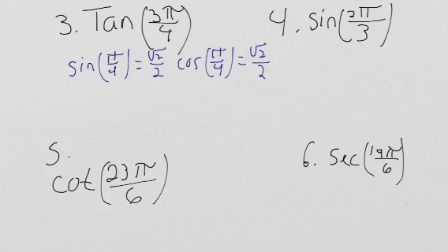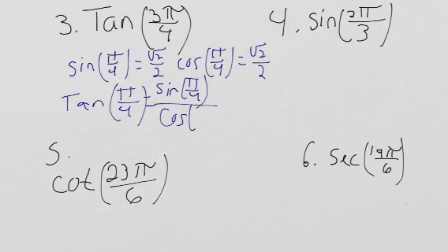So then, because tangent of pi over 4 is going to be sine over cosine, sine of pi over 4 over cosine of pi over 4. Well, then that's just square root 2 over 2 over square root 2 over 2. We have something on top that's the same as something on bottom, so we can cancel those, so it's just 1.